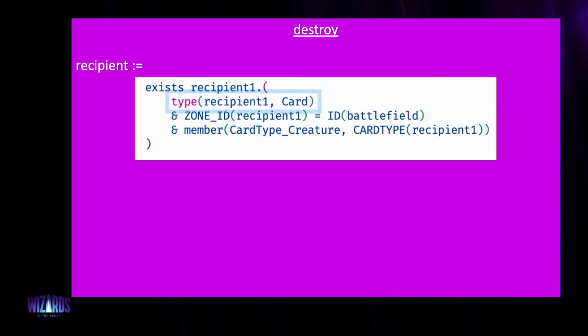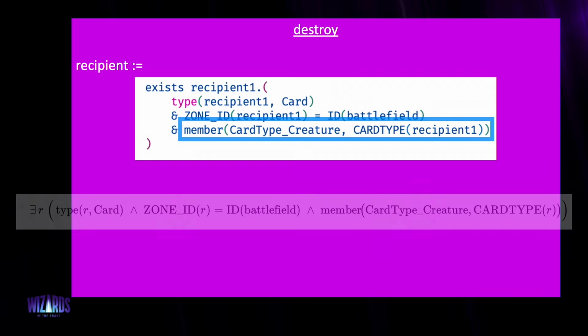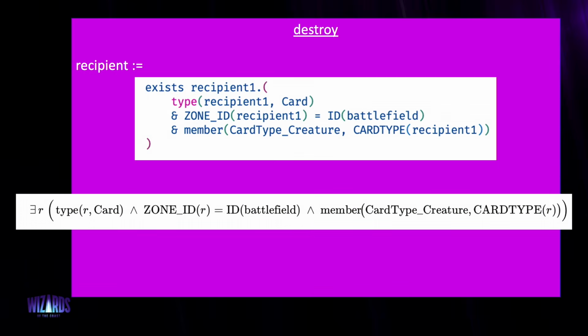In this case, this exists expression is looking for something that is a card. Its zone ID matches the ID of a battlefield. And this member predicate is also true, that the creature card type is part of the object's card types. And you can also, in more mathy notation, look at it as an exists expression like this.